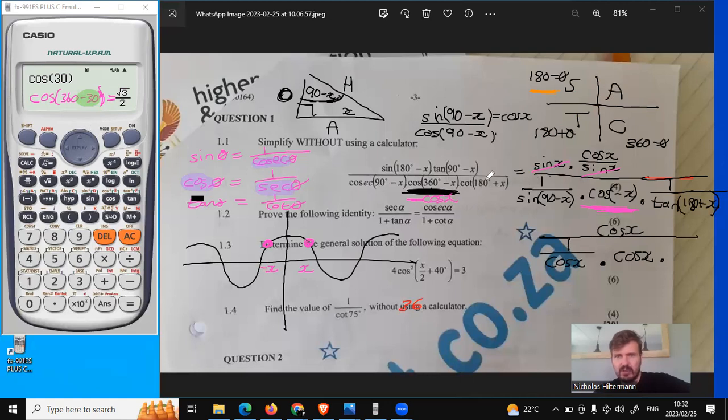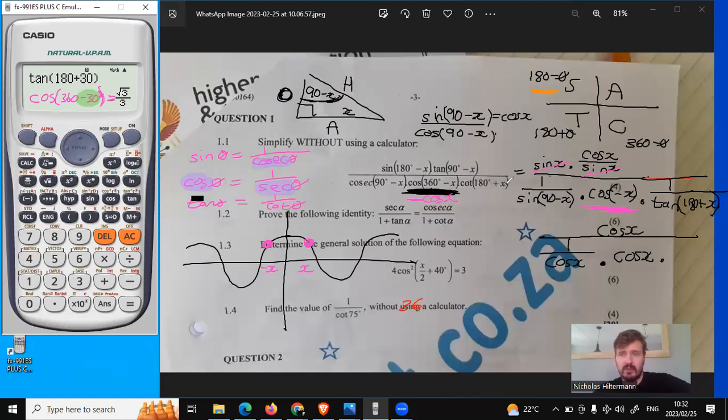So when I put cos 180 plus x in, or in this case, I'm going to put tan, I'm going to now see, is it positive or negative? I do know that it repeats itself every 180, so it should be positive, but let's just do it. So tan 180 plus 30, and I get a positive.